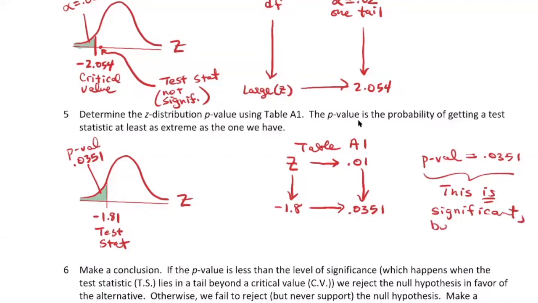But not enough at alpha equal 0.02. So technically, alpha is deciding how small the probability needs to be to be significant, and that's why we call it the level of significance. Okay. Any questions?